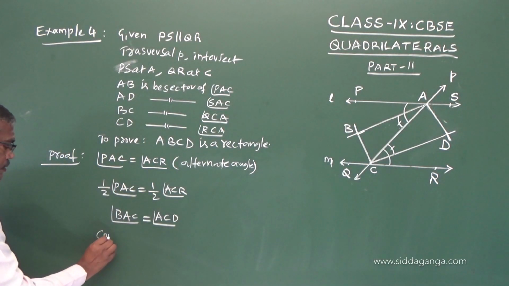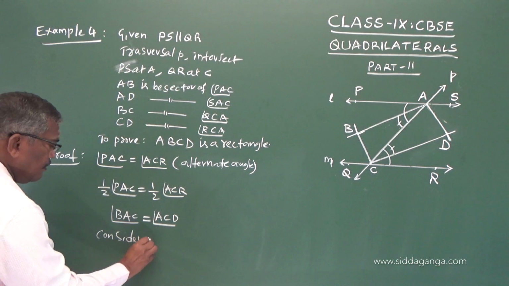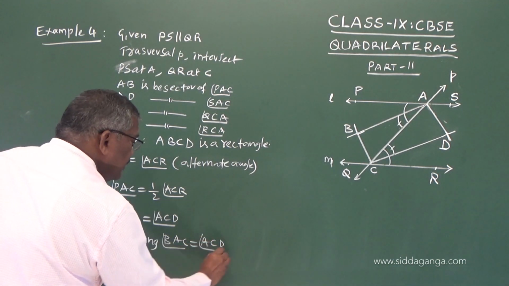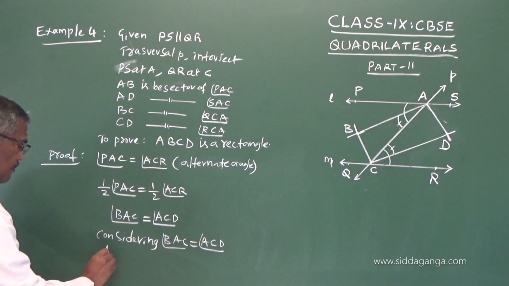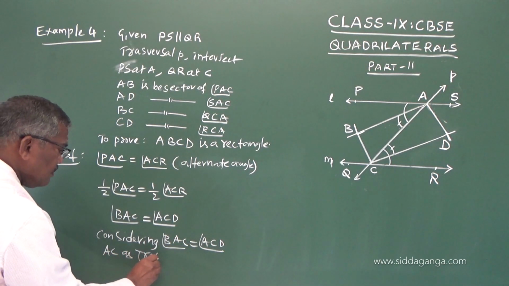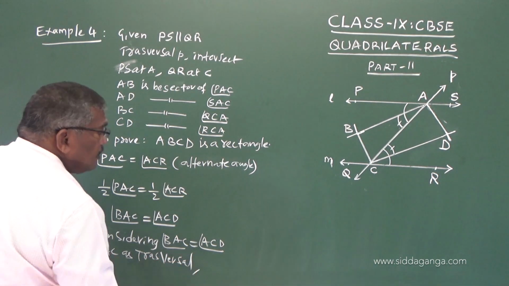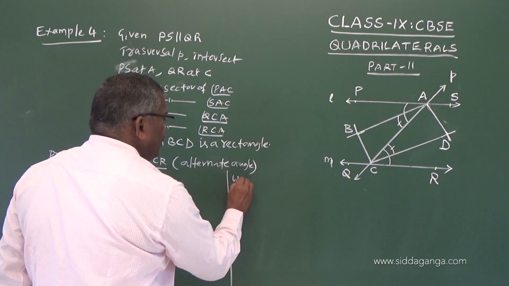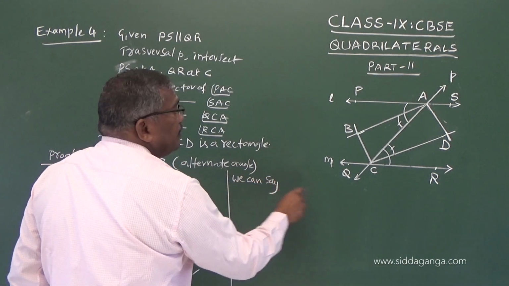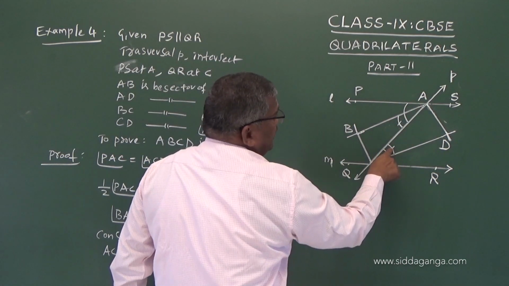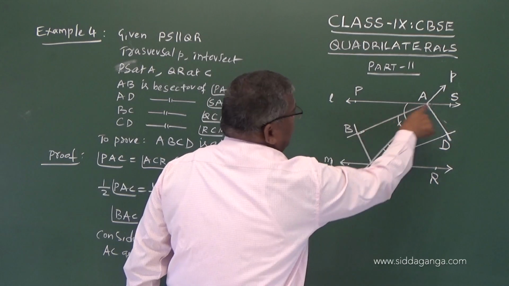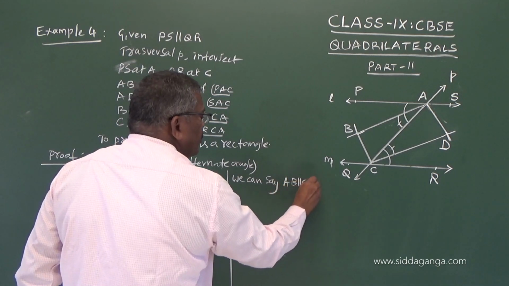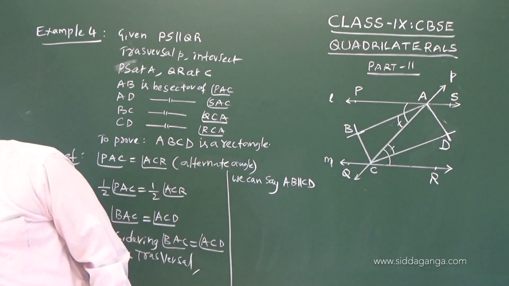Considering BAC equals ACD, with AC as transversal, these two internal angles are equal, therefore AB is parallel to CD.